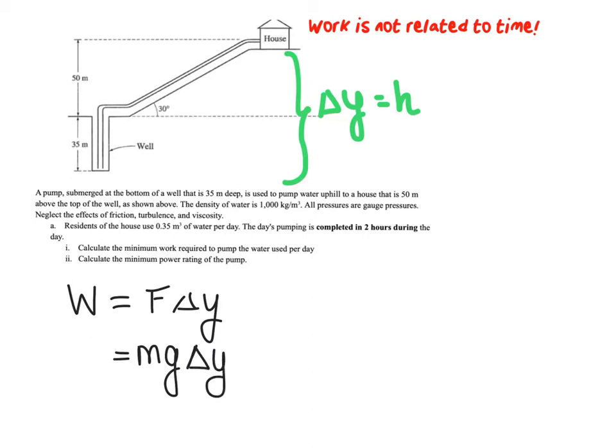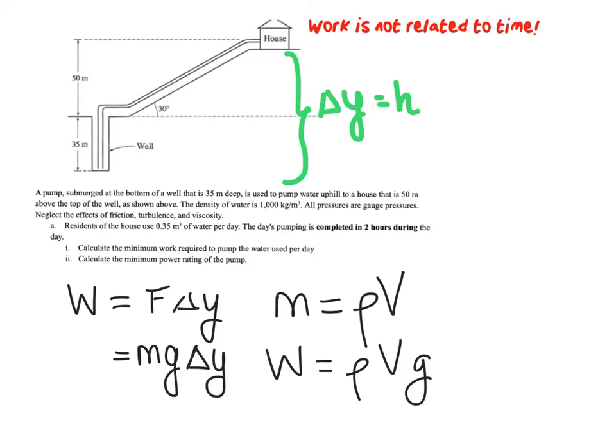And because we're dealing with densities and volumes here and we don't really have mass, we're going to use the substitution rho times volume to substitute in for m. So when everything's said and done, we should be plugging in rho times V times g times what I'm going to put here as height rather than delta y.